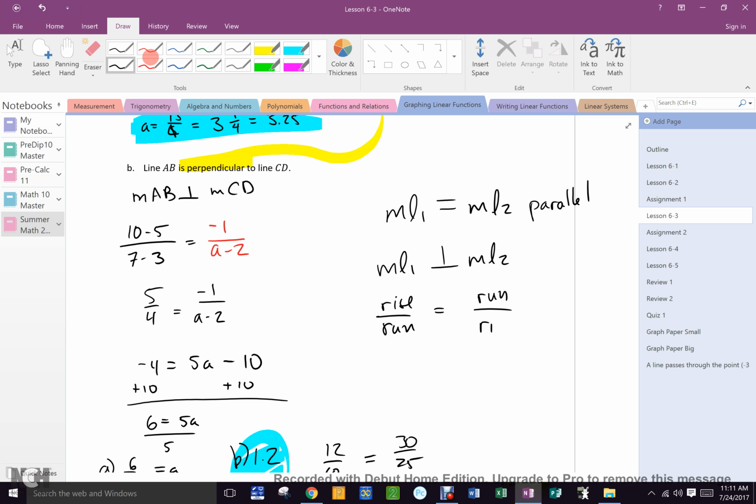If the first one is y2 minus y1 over x2 minus x1, then the second one would be what? x2 minus x1 over y2 minus y1, and what would have to be out in front?